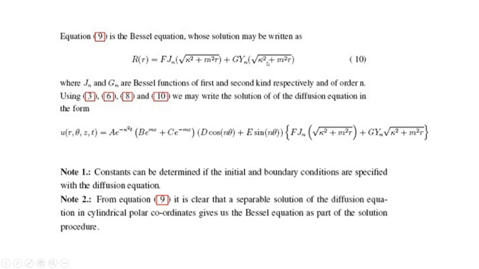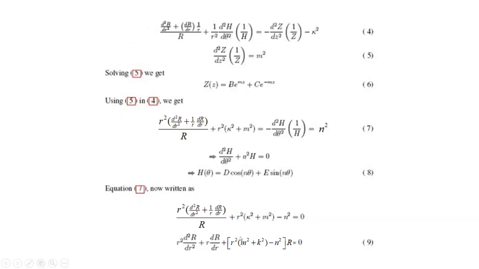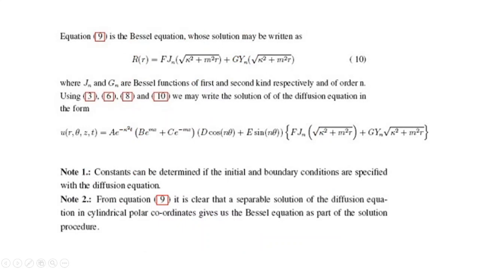But in place of r, just r square minus n square used to be there in Bessel's equation, but here in place of only r square we have m square plus k square into r square. Therefore we have to write the root of that. So you will be getting J n of root k square plus m square times r.